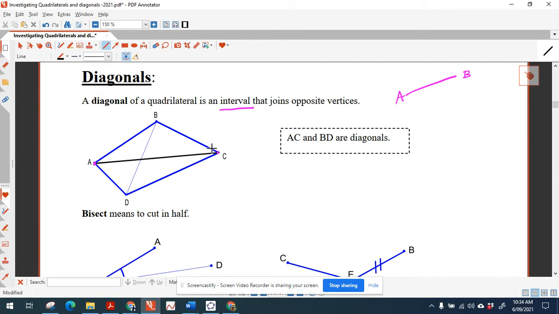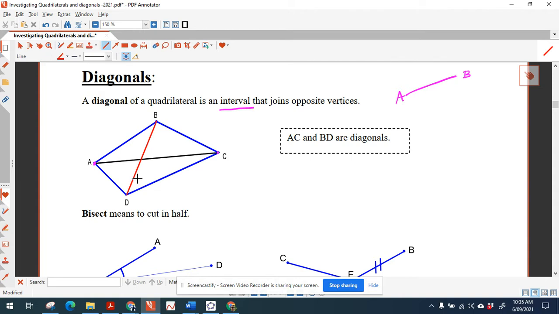And also, if we look at vertex D and vertex B, I can join those two vertices together, and that is also a diagonal. So let's just do that. It's going to join D and B. Okay, so any line which joins opposite corners or opposite vertices of a quadrilateral is called a diagonal.